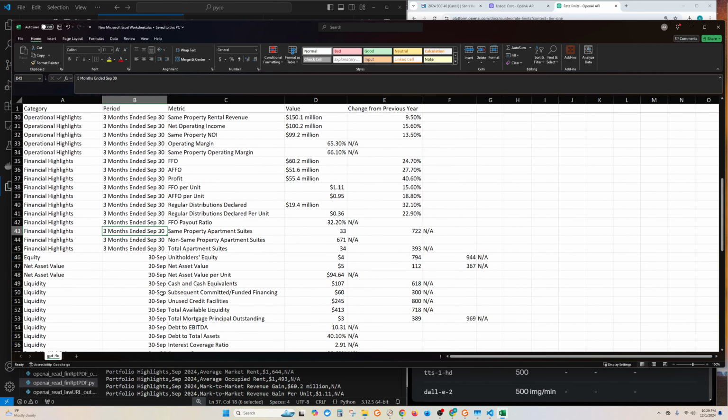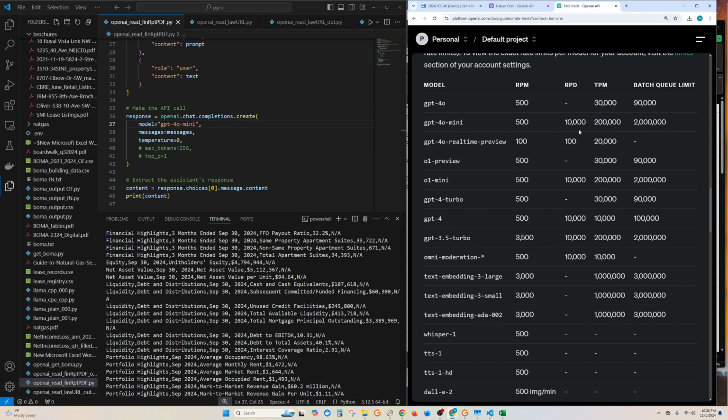So the mini is a cheaper version. You get more allowance on the rate limits. And so to put it bluntly, the idea is that it's stupider, so it's therefore cheaper.